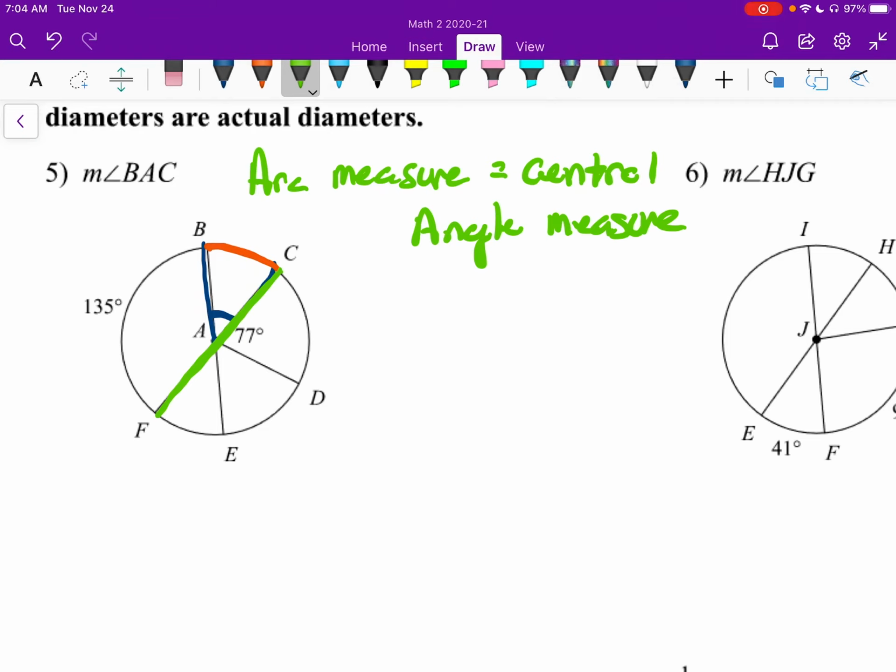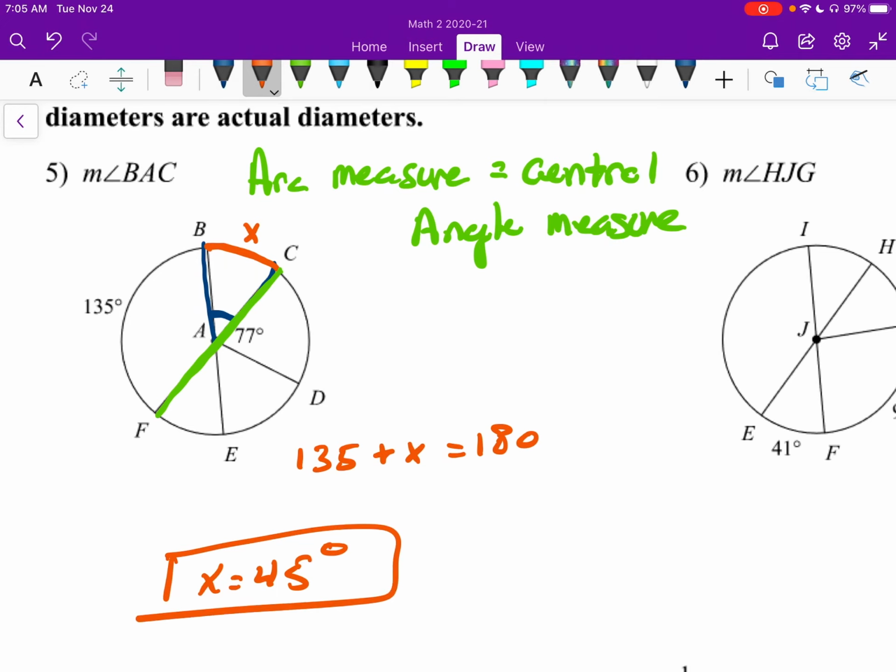We'll call this x here. We know that 135 plus x has to equal 180, right? Because half a circle is 180, and you add those two up. So I'm going to take a calculator and solve this: 180 minus 135 gives me 45. So x is 45 degrees.